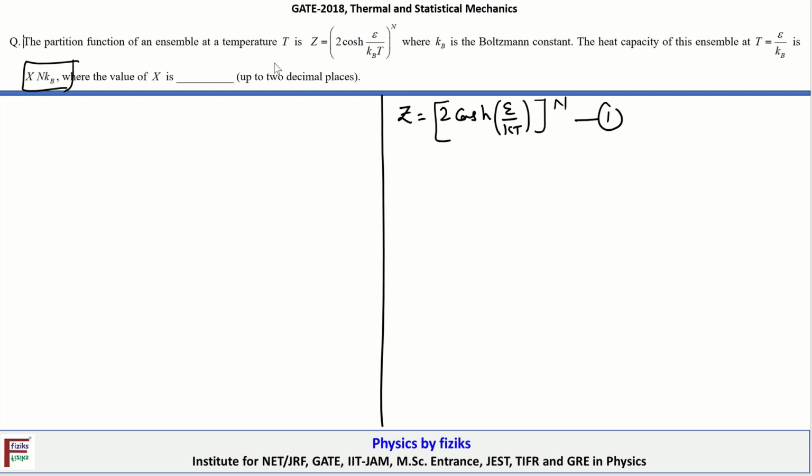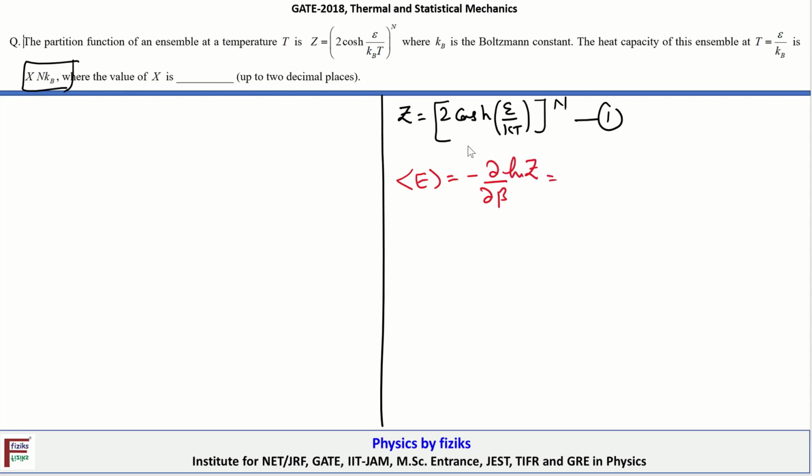In order to determine the heat capacity from the partition function, first we are supposed to determine the corresponding average energy of the system with the help of the partition function. The relationship that connects the partition function with the average energy is the average energy E equals minus the derivative with respect to beta of the logarithm of the partition function.